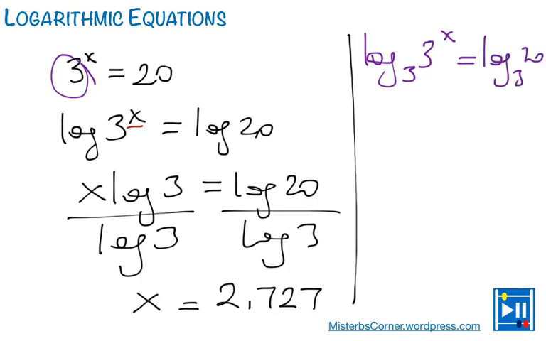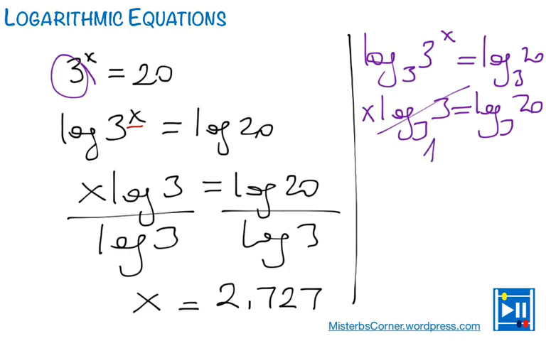The idea behind this is that you can write this as x times log 3 in base 3, so it's going to be log in base 3 of 20. Then just because this is 1, you can directly write down the value, which is 2.727, by just calculating log 20 in base 3, right?